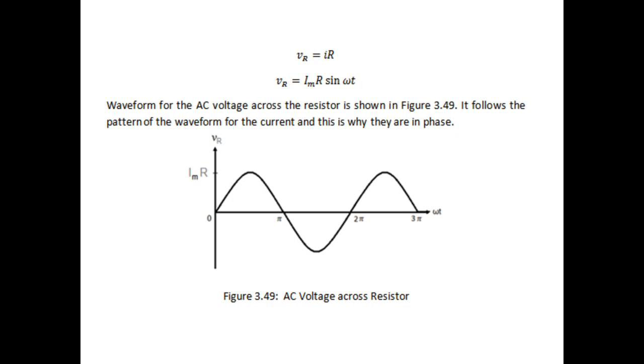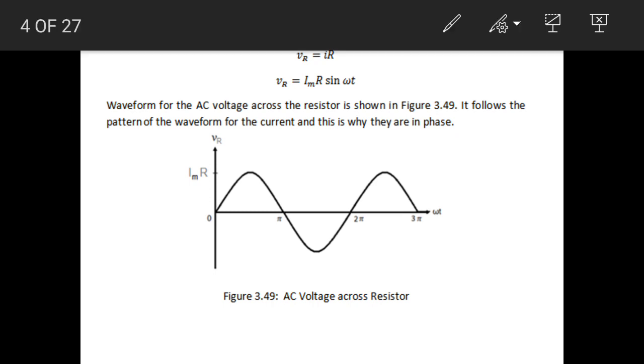So what we do, we put the value of the AC current in this equation, and we get the equation for the AC voltage across the resistor. The voltage across the resistor will be equal to Im R sin omega t.